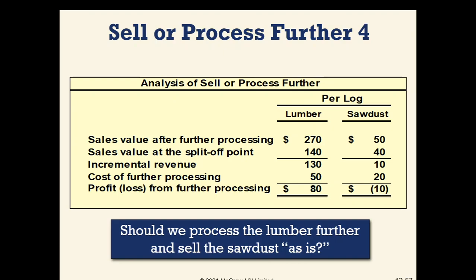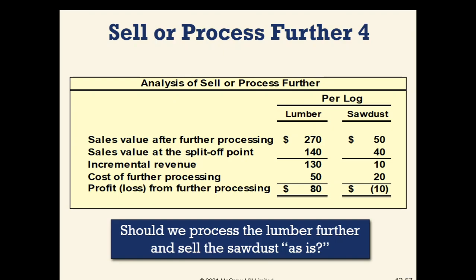For the sawdust, however, our sales value after processing is $50, but it already has a sales value of $40 at the split off point, which increases our revenue only by $10. It costs $20 to process further, which means we would incur a $10 loss for processing further.